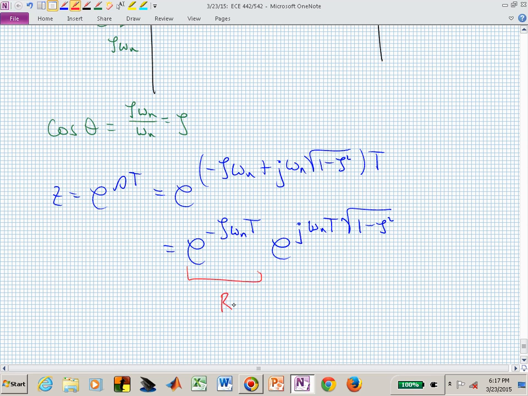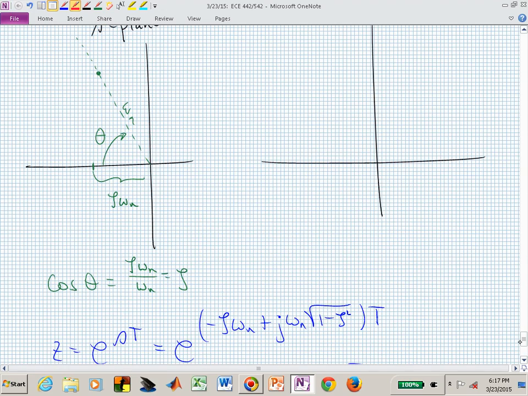This is now r, and let's say this is e to the j theta sub d. Now for that wedge in the S-plane, can you picture a curve in the z-plane based on this parameterized form?